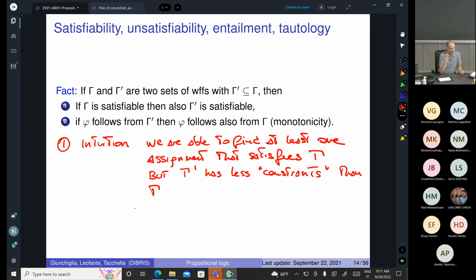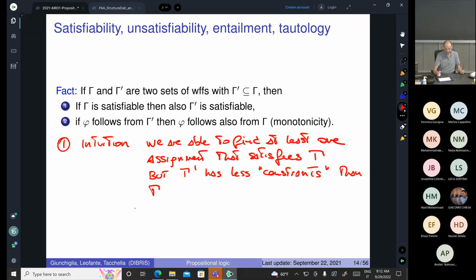What do I mean by this? I mean that you have fewer formulas to make happy, so your assignment must make happy all of the formulas. Like you invite a bunch of friends, you have to make them happy by offering booze and something to eat and so on. If you have fewer friends, you have fewer tastes to accommodate, okay? So this is the same thing.